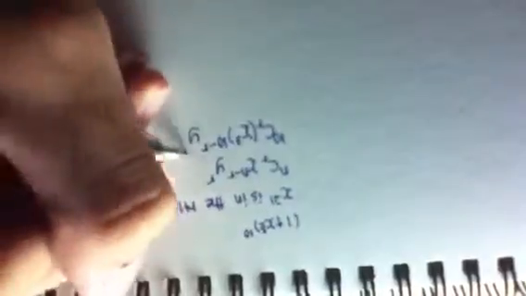So substituting all the values into this equation, we have 10 choose r, (x^3) to the power of 10 - r, and y to the power of r. So expanding x, you have x to the power of 30 - 3r.